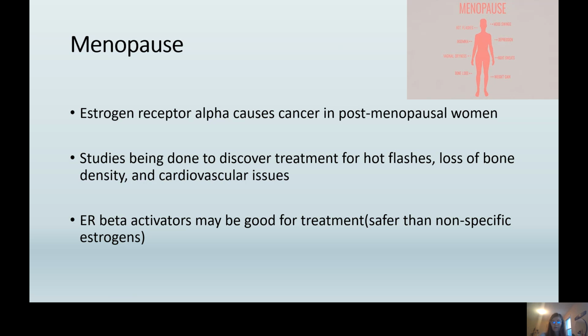And in the picture, it shows that this person experiences hot flashes, insomnia, vaginal dryness, bone loss, mood swings, depression, night sweats, and weight gain. So the estrogen receptor beta activators are possibly a better treatment than other non-specific estrogens.